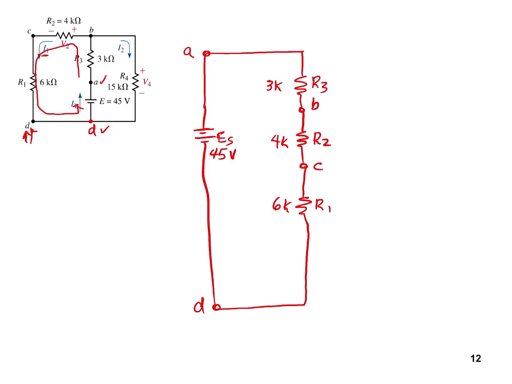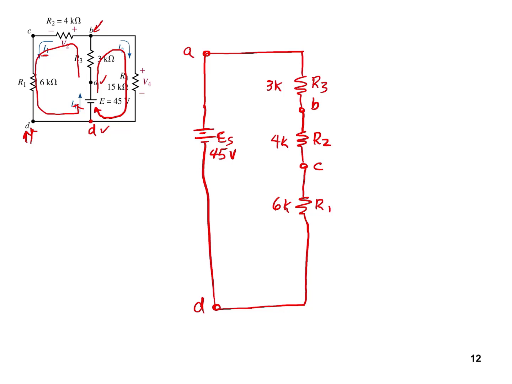All right, now what we can do is move to the next branch, which is called I2, and follow it through until it returns to the source. So if we look, we've got current common with the terminal A. It goes through this 3k, so we don't need to trace another path. But as soon as we get to this point, we have current division. This is where we need to pick up our current flow.